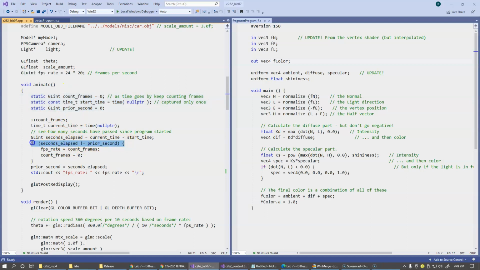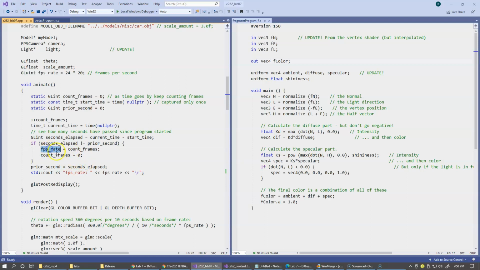In this if statement, we compare the elapsed interval with previous interval using 1 second granularity. And as soon as we detect that the interval has increased, meaning that the new second just had elapsed, we set the frame per second rate to be our current rate. And then we immediately reset the frame counter back to 0 to continue measuring frame per second rate in the future.